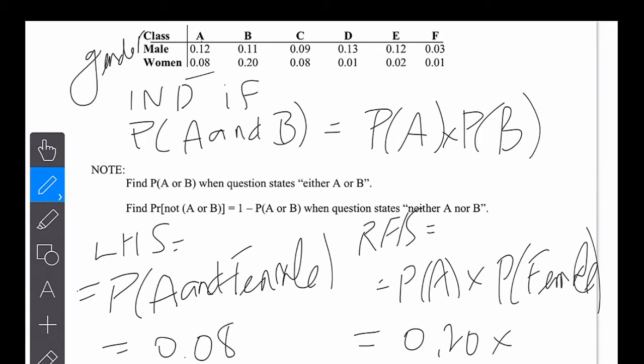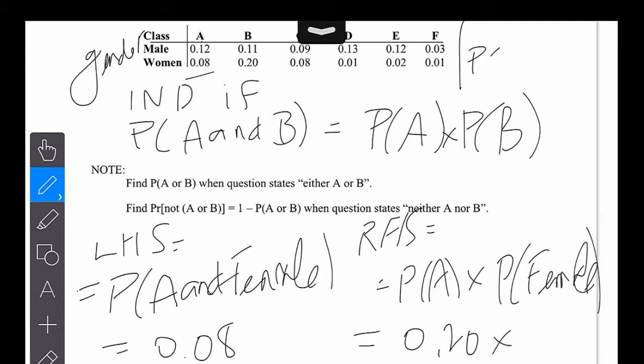And I multiply by the probability of being female. What's the chance of being female? The chance of being female is the chance of being female in A or female in B, or you get the point. So what I need to do is sum all of these to find the probability of female. These are called marginal probabilities.